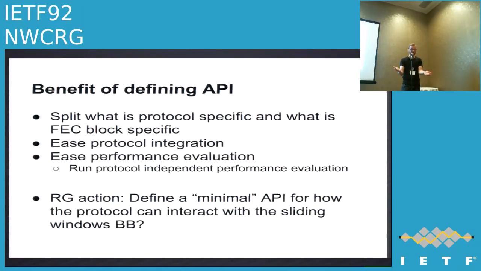So if we could agree on something like this, but it depends on the people writing the drafts, because there are compromises that need to be made here, it would make it easier for people to do a paper saying, hey, I'm going to look at sliding window scheme versus this scheme, run a trace with arrival rates and erasure rates, and see, maybe point-to-point initially, how does it perform?